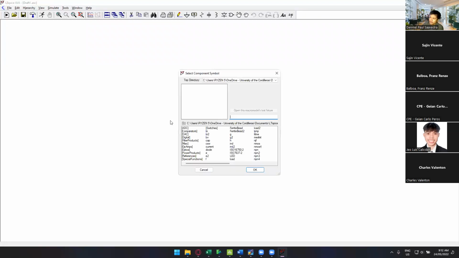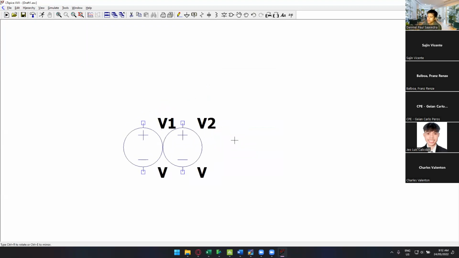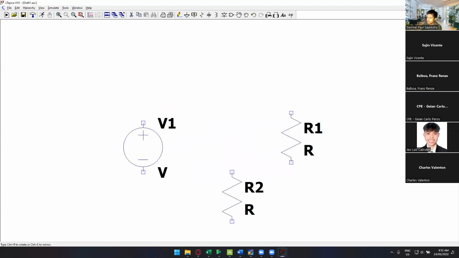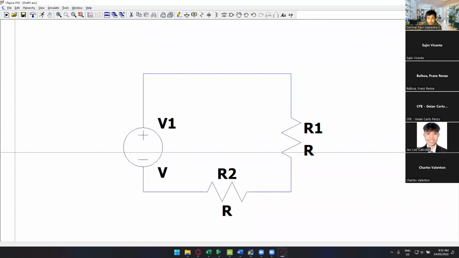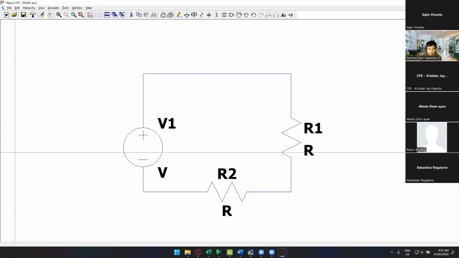Anyway, start with the new one. Let me just check if you guys are already in front of your computers. Just give me a quick thumbs up.